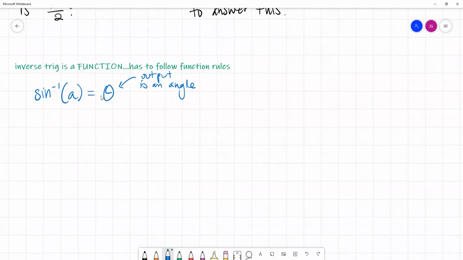Okay, so now there's a couple rules that go with that. The domain of this function, so the a's, has to be between -1 and +1. So I can't plug anything into the inverse function if it's outside of this domain. I couldn't plug in -2, I couldn't plug in 2, right? And then my range, the angles that this can be, is from -pi/2 to pi/2.